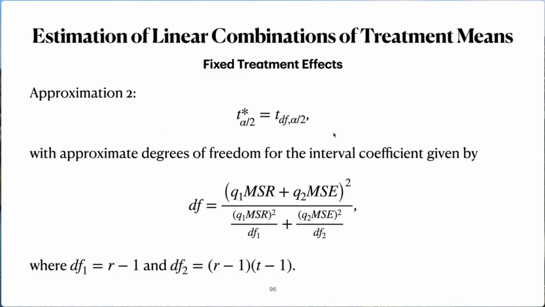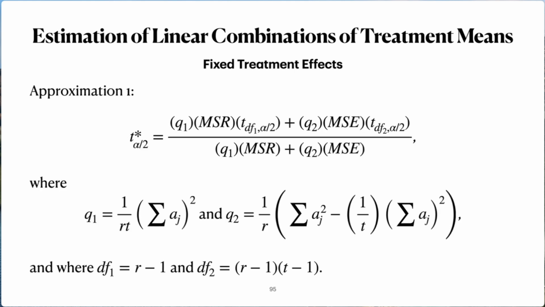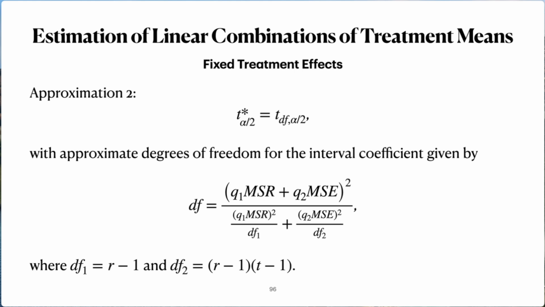Of the two approximation methods, Satterthwaite's is probably the most prevalent, the most used of these two. There are other approximation methods that take care of some additional issues, but this one is called Satterthwaite's approximation.